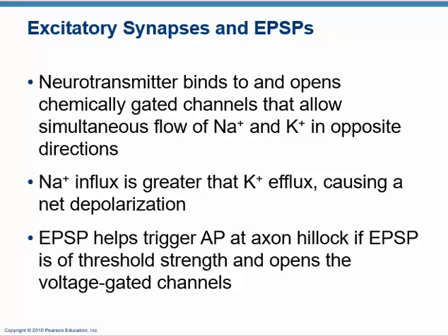So sodium going in is greater than potassium going out, so you have a depolarization, and then the excitatory postsynaptic potential, the EPSP, triggers the action potential as long as it reaches the threshold and opens the voltage gated channels.